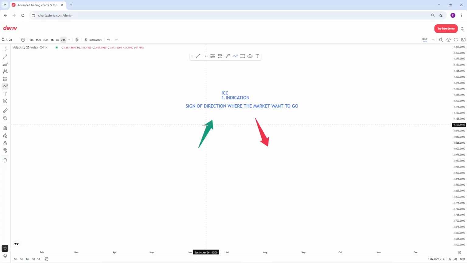So basically, if you want to see a bullish indication in the market, we have to see a high being broken. So let's say we created a high here, the market made a high here, right? And there is a low here too.